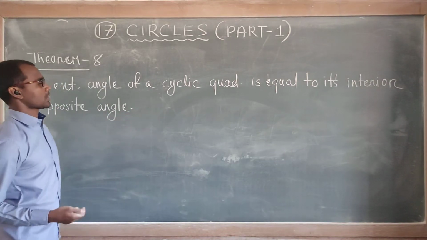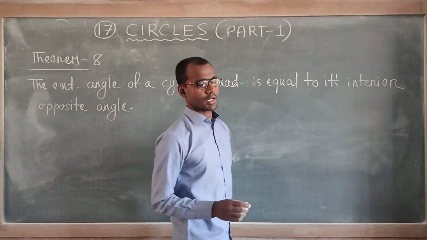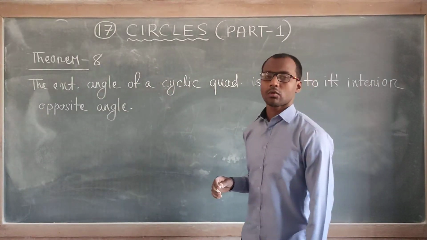Okay, so the exterior angle of the cyclic quadrilateral is equal to its interior opposite angle.